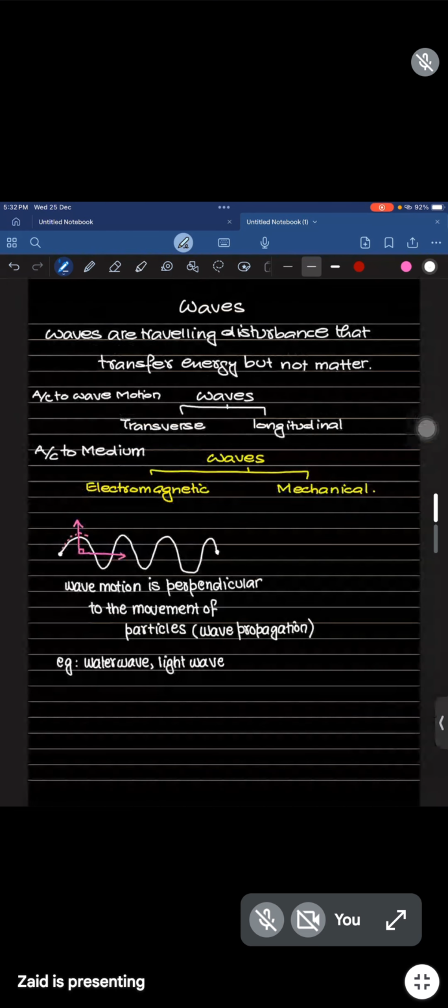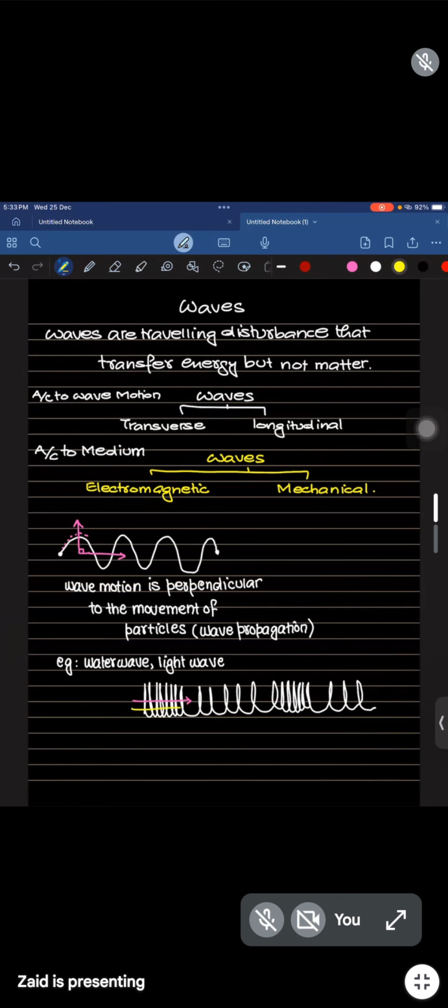The other thing is the longitudinal wave. Let's take an example of a spring. So what is happening? The particles are moving like this. Okay. Backward, forward. And the wave is also traveling like this. So that means wave motion is parallel to the movement of particles.